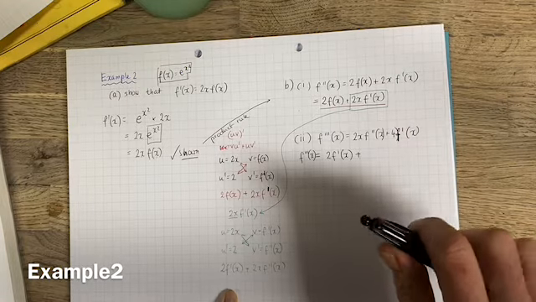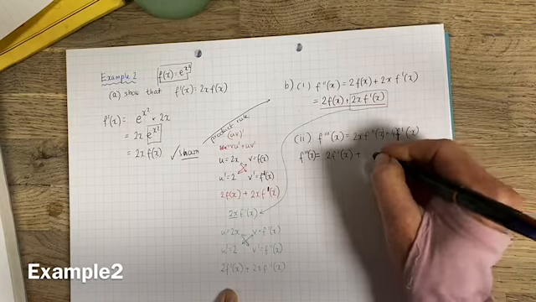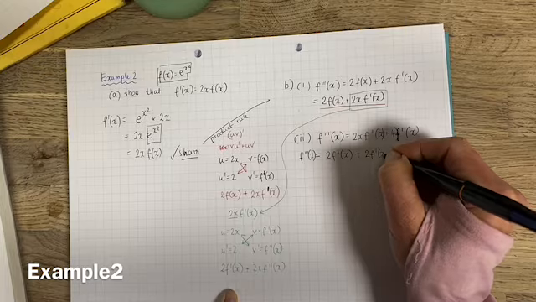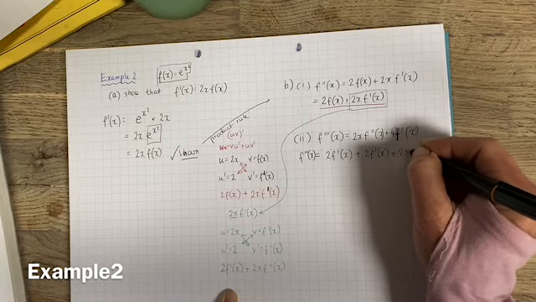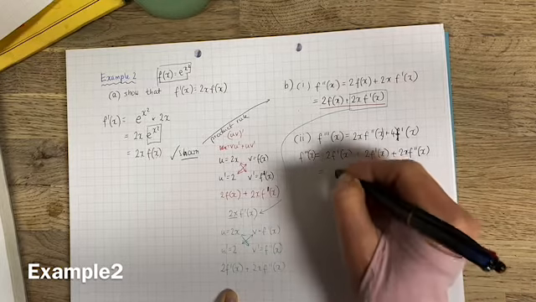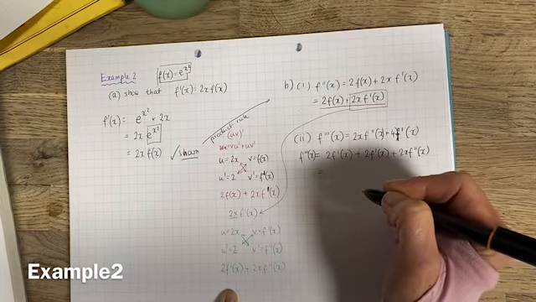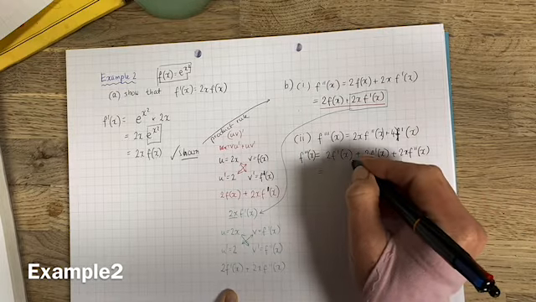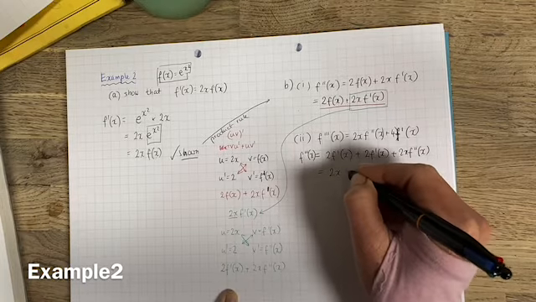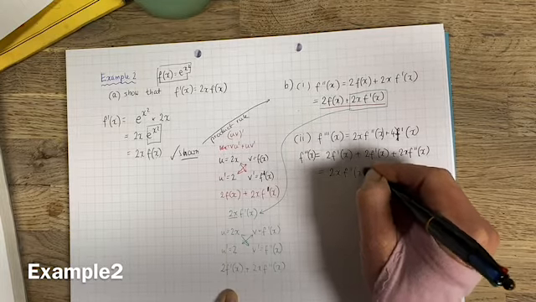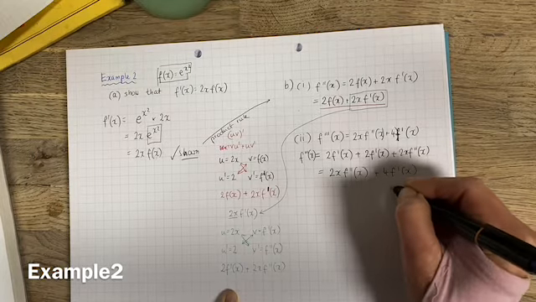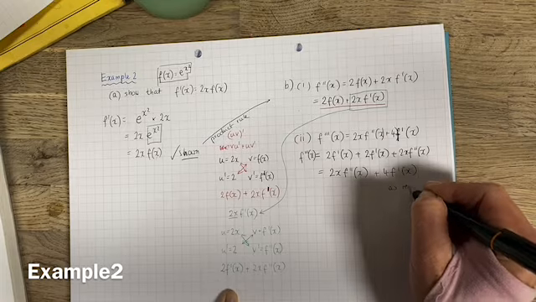Okay, so we are going to get 2f dash of x plus 2x f double dash of x. Altogether, we're going to obtain 4f dash of x and then 2x f double dash of x. Let's write it in the order that they've asked us to write it in. So as asked, as required.